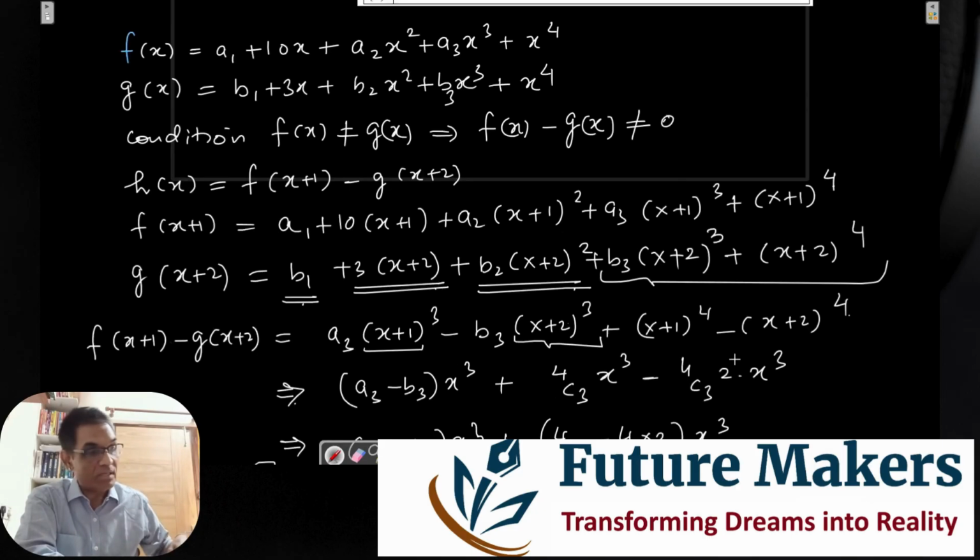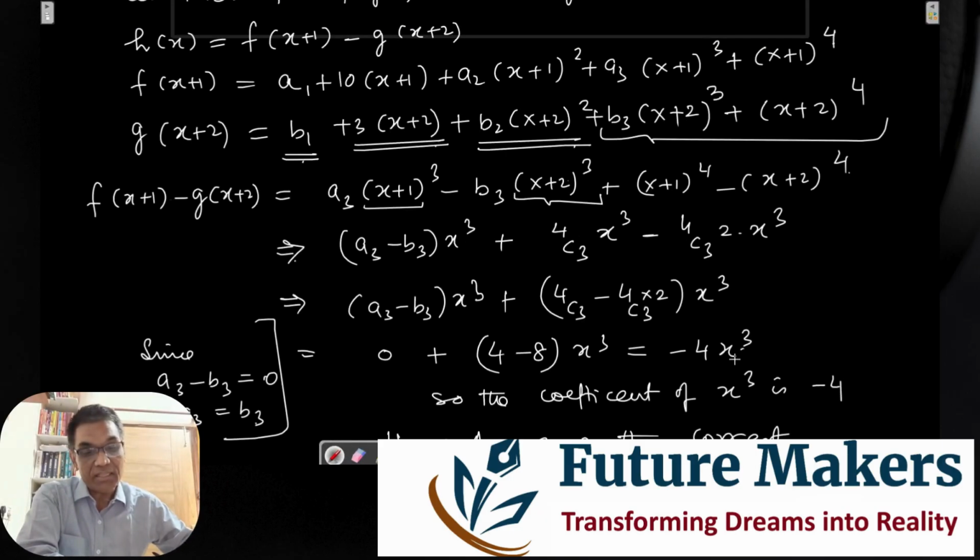Now here one thing you will notice: in f of x plus 1 minus g of x plus 2, the power x^4 will come here and x^4 will come here too, so the x^4 terms will cancel each other. So whatever the underlying expression is, it will be a cubic polynomial. In any cubic polynomial, at least one real value will definitely be there which cuts the x axis. That means there will be at least one value where the polynomial would become 0.